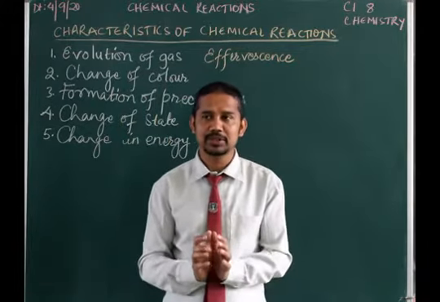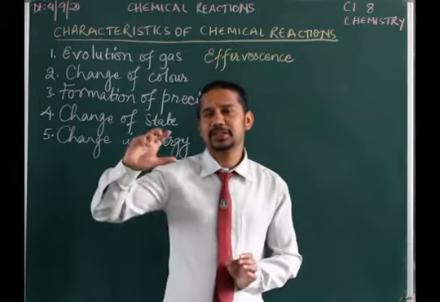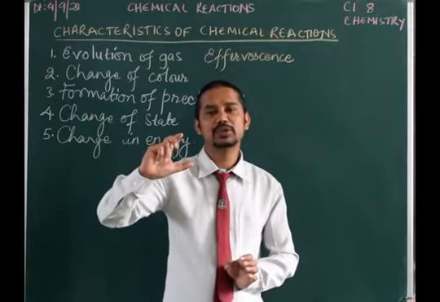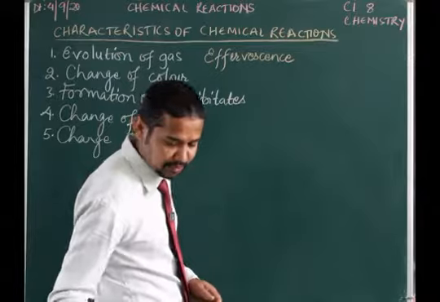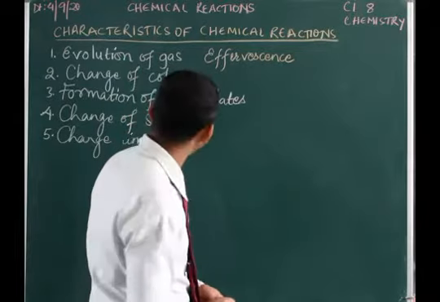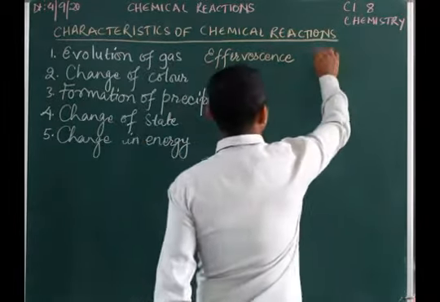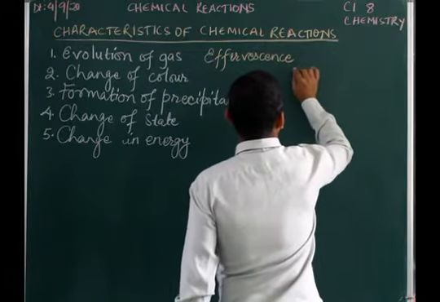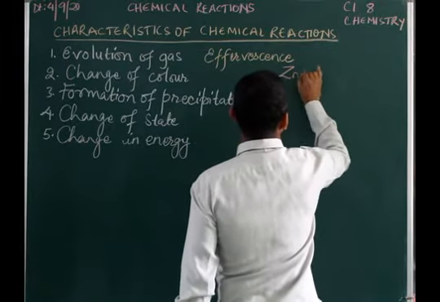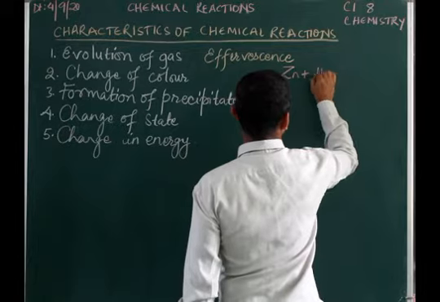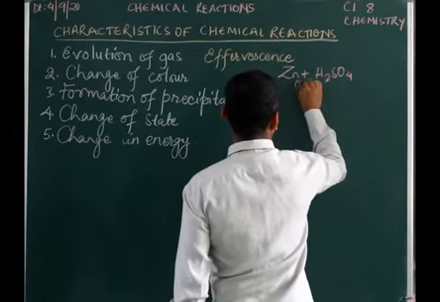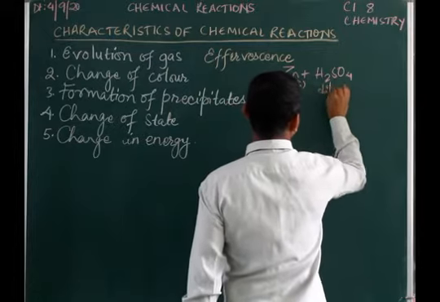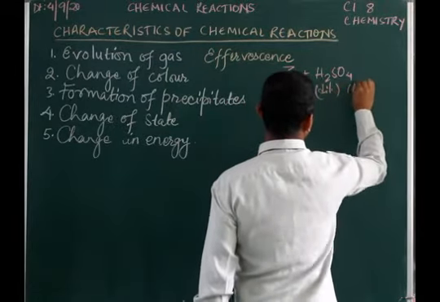But here what I am talking about is this: you are taking a liquid, dilute sulfuric acid, and then zinc plus dilute sulfuric acid. Zinc is solid and dilute sulfuric acid is liquid.